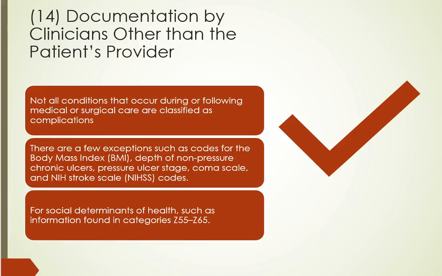Now, the exceptions to this rule are BMI, the depth of a chronic ulcer, the pressure ulcer stage, the coma scale, and the stroke scale codes. In these situations, and these are exceptions, code assignment may be based on the medical record from these other clinicians. So the dietitian sees the patient and documents the BMI, but the patient already is diagnosed with obesity. So that's something that is key.